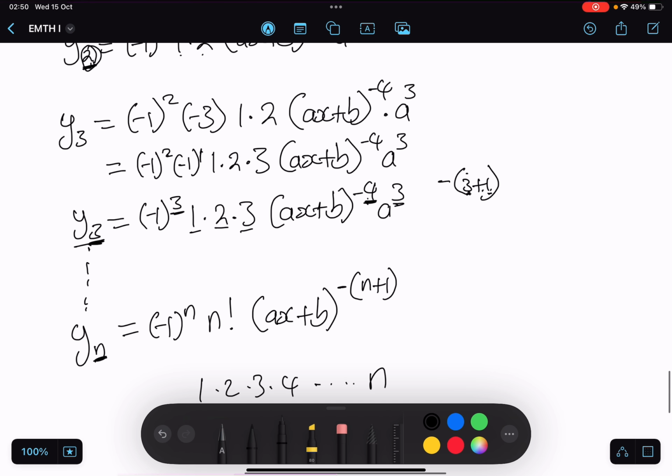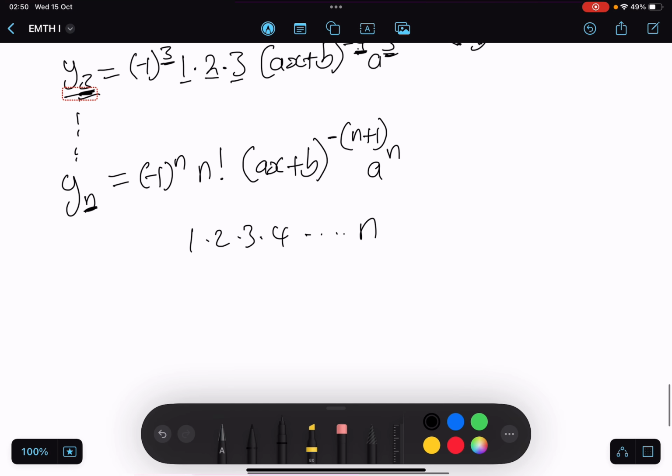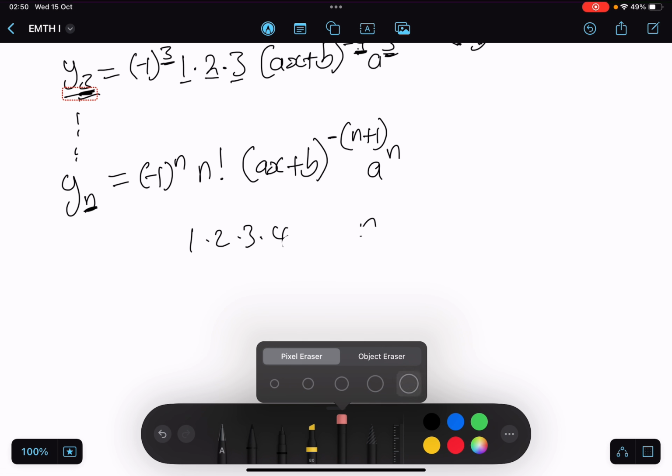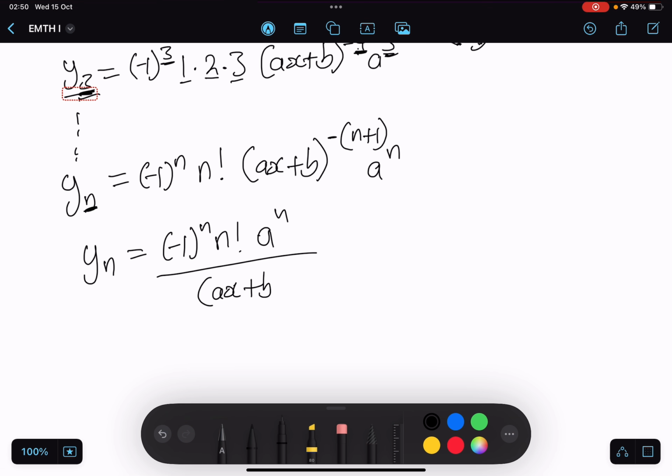And then we are coming back to the power of a, 3, which means for a is going to be a to the n, isn't it, for the nth derivative? So we can rewrite this as yn is equal to (-1) to the n, a to the n, all over (ax plus b) to the power n plus 1.